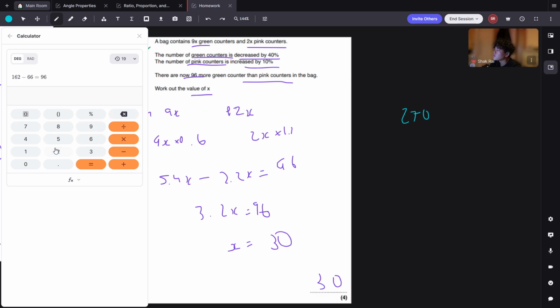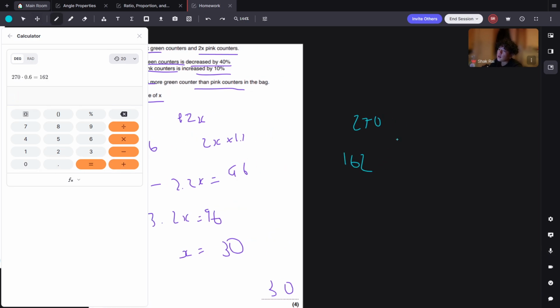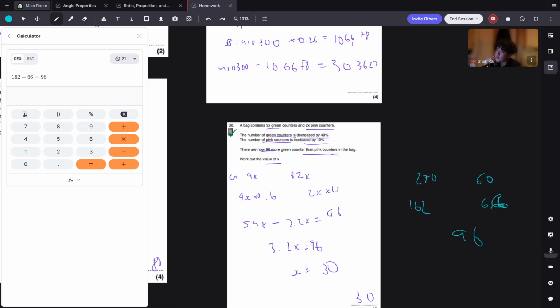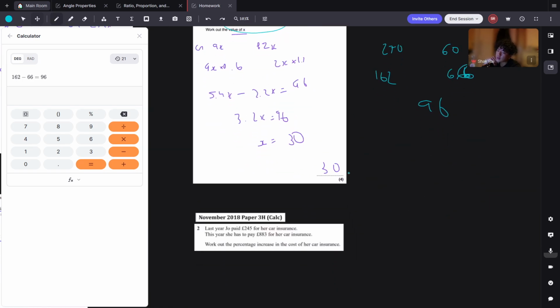So 270 multiplied by 0.6 equals 162. And 30 times 2 is 60, and 1.1 of 60 is 66. And then what's 162 minus 66? That gives you 96. Cool, and that's the difference between the green counters and the pink counters.